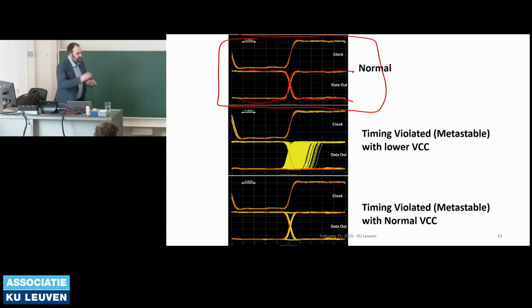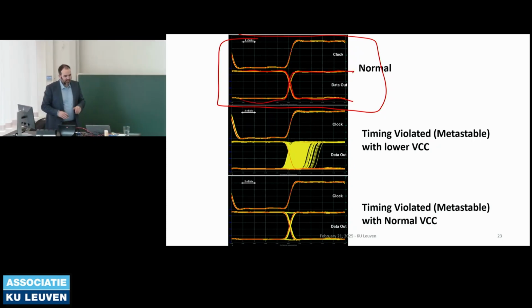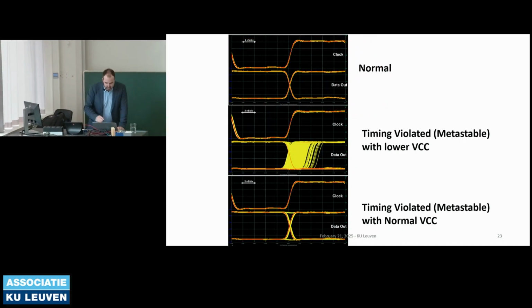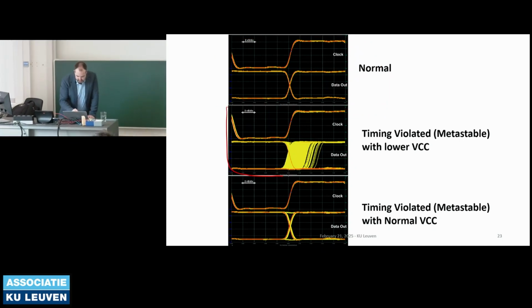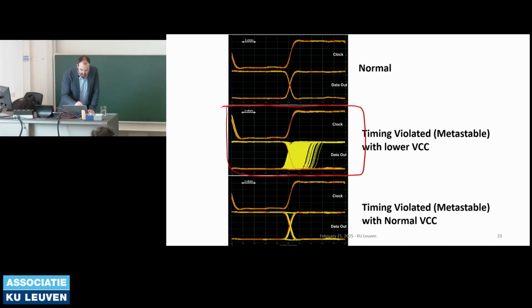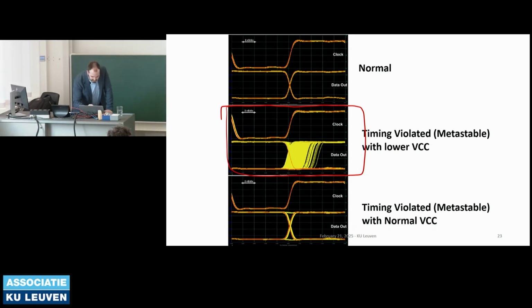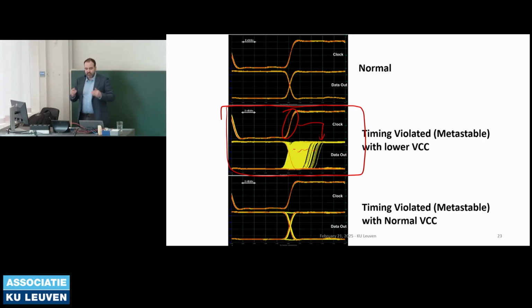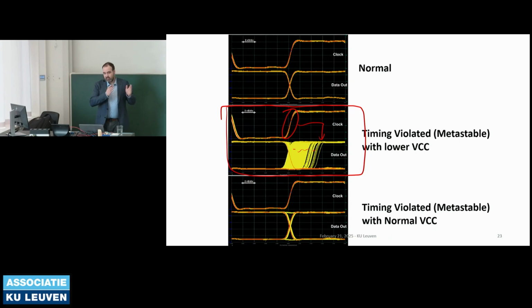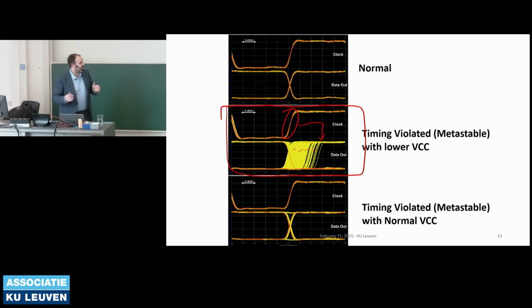But you can see it's always following this nice clean path. When we enter metastable states here, we actually see that the data does not change. Even though the clock changed at the same time, the output data took a lot longer to resolve to a 1 or a 0. So it's not just the case that I clock invalid data in. I actually can get into these really weird timing states.